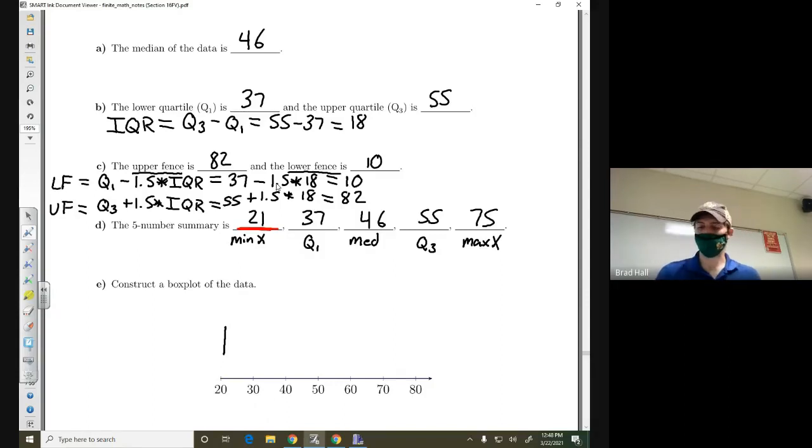All right, there's the minimum. Then I'm going to draw another line for wherever Q1's at, which is 37. With 37, I see 30, I see 40. It'll be closer to 40. I'll put it right about there. And that'll be Q1. And I'm going to draw a little line connecting the two.